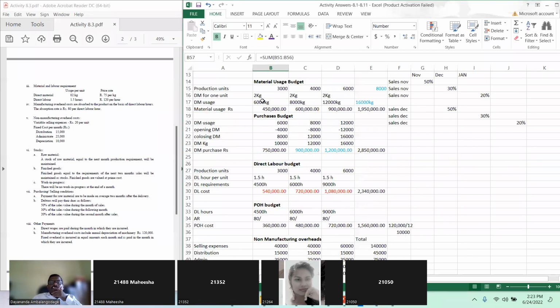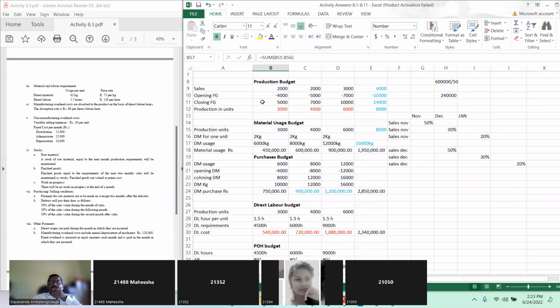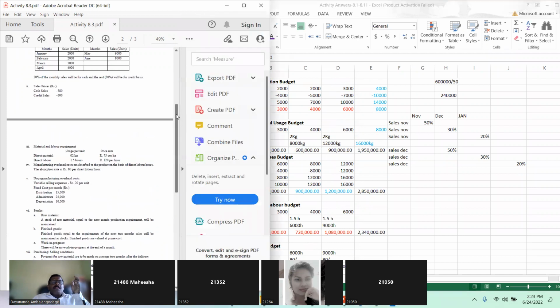We can go to opening finished goods. Opening finished goods 4,000. Because when you prepare the production budget, we take opening finished goods from the balance sheet.